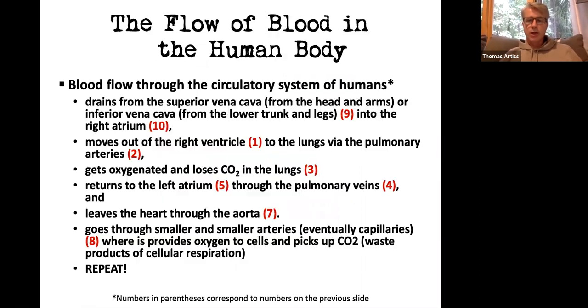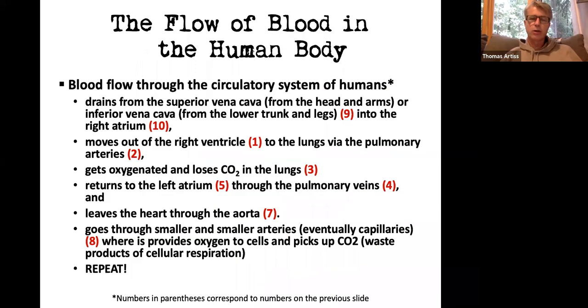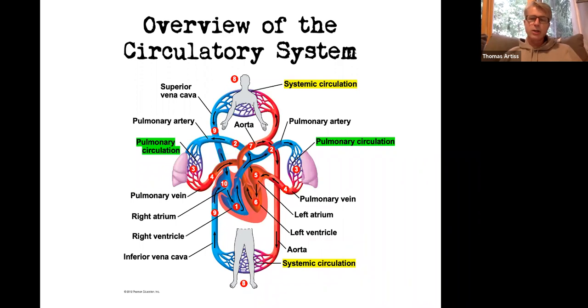So the next two slides, one of them has all the text version of the circulation of the pathway of blood through the body, and I would like you to know this basic pathway. And it's all numbered here. The numbers on this slide correspond to the numbers on this slide. But essentially, and because this is a circuit or a loop, we could theoretically start anywhere.